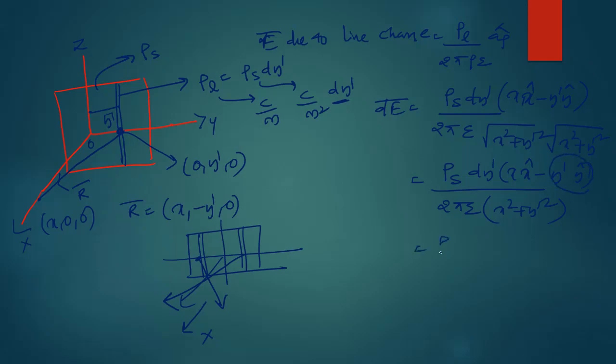So we can write rho s into dy dash into x x cap by 2 pi epsilon times x square plus y dash square. Now rho s x x cap by 2 pi epsilon, and here the integral with y dash changing from minus infinity to plus infinity of dy dash by x square plus y dash square we have to perform.